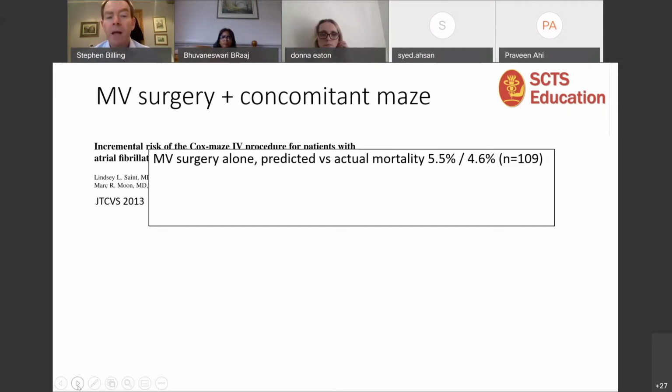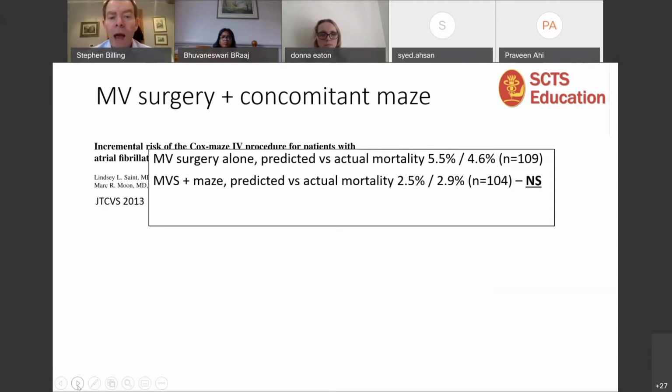And in the isolated mitral valve surgery, predicted and actual were the same. When you add a maze, again, that does not increase the mortality compared with the predicted value. I think it's interesting, however, that the predicted risk in the maze group is lower than in the non-maze group, selection, I think.